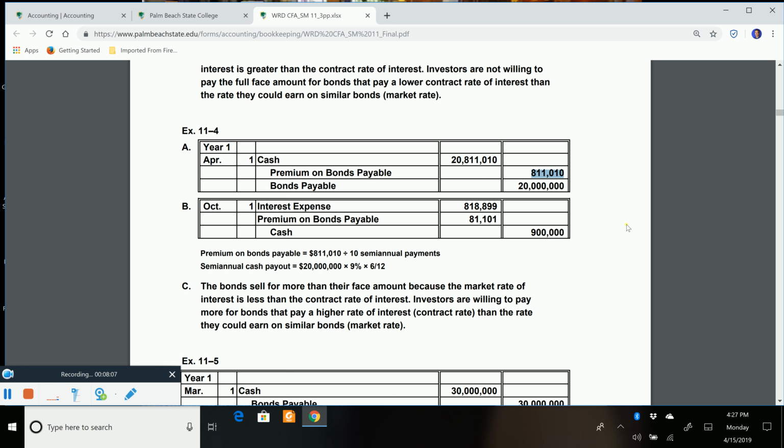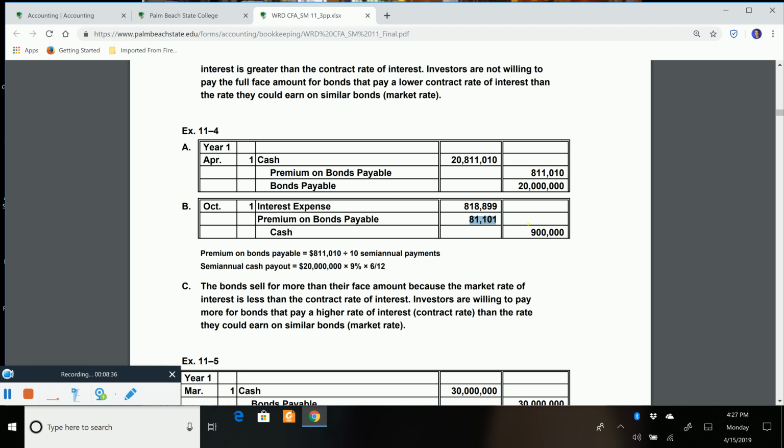The premium is $811,010, and this is, if I read correctly, a 5-year bond, and it pays interest 2 times a year. So 5 times 2, that means there are 10 interest payment dates. If we take the $811,010 divided by 10, the amortization for each period will be $81,101.